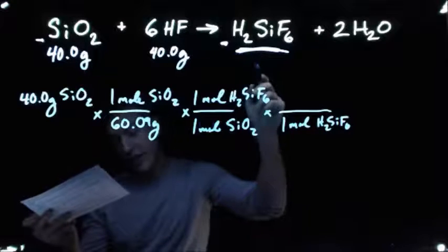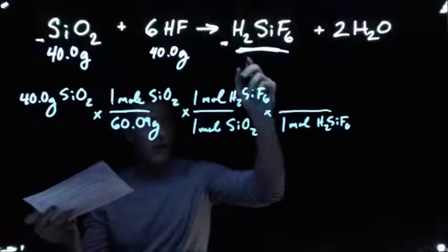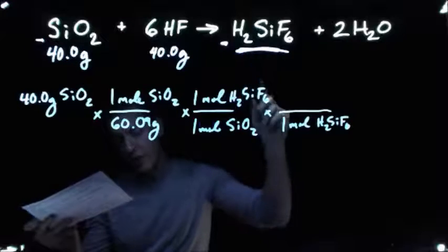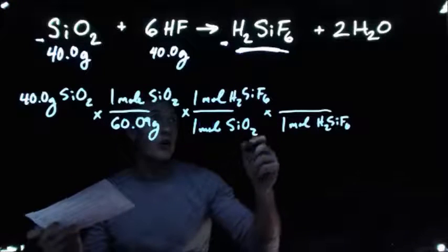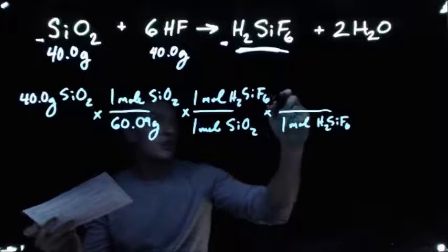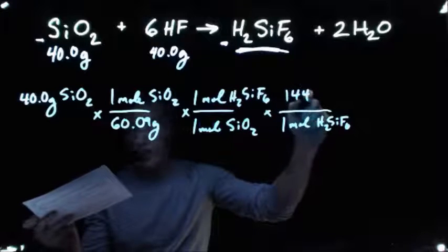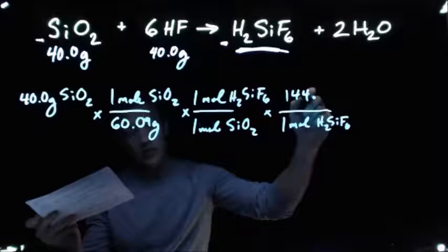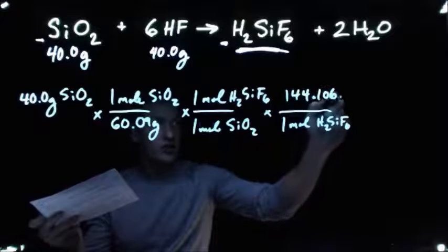The silicon is 28.09, the 2 hydrogens would be 2.016, and 6 of the fluorines gets you 144.106 grams.